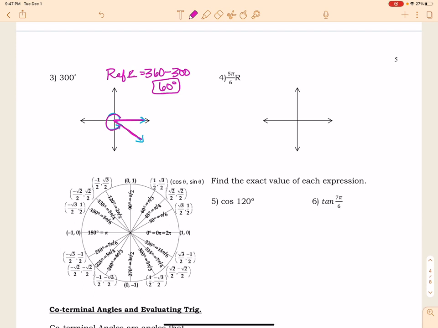Okay, let's look at radians. Oh my goodness, these are going to be fun. All right, starting on the positive x-axis. If I've got a denominator of 6, that means I'm splitting up the top half into 6 equal pieces. So 1 pi over 6, 2 pi over 6, 3 pi over 6, 4 pi over 6, 5 pi over 6, 6 pi over 6.